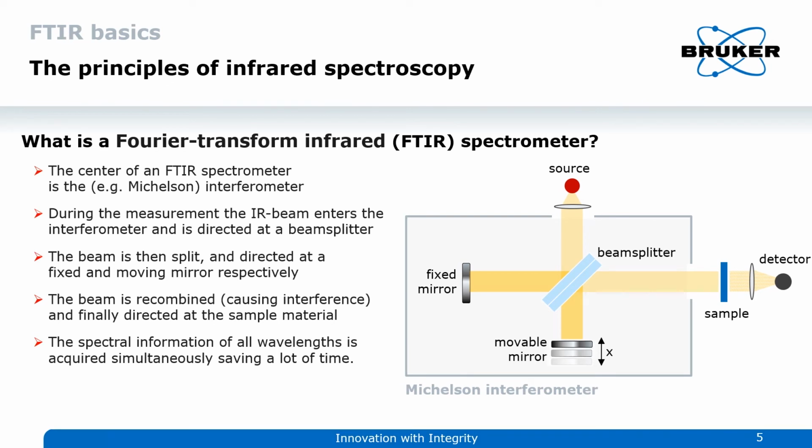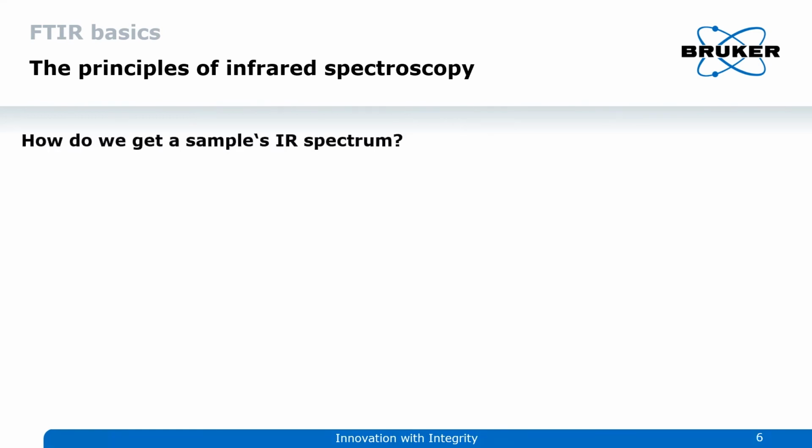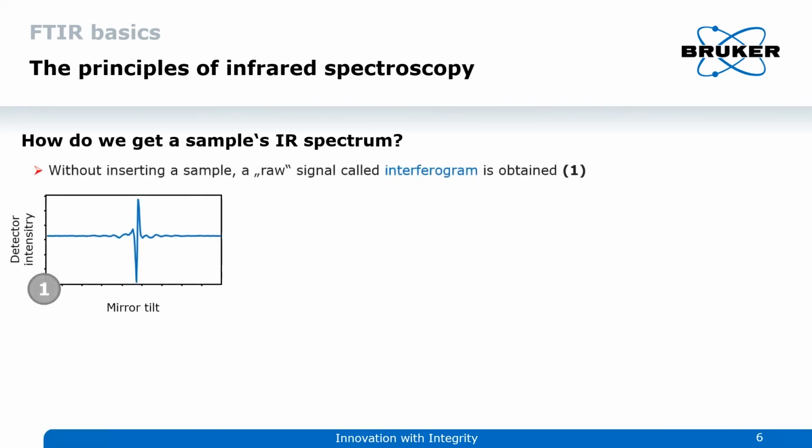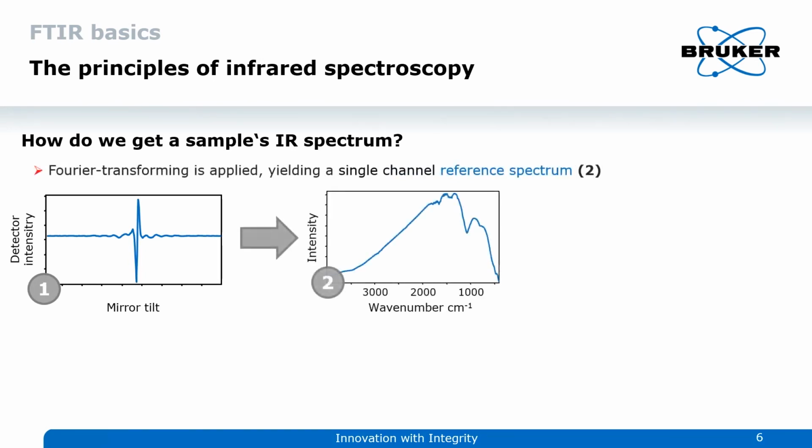But how do we get from here to the classical infrared transmission spectrum? To get nice and clean sample spectra, we have to get rid of the environmental influences that may show in our spectra, like carbon dioxide or water vapor. To do that, we first need to measure a spectrum without a sample present. This raw signal is then mathematically Fourier transformed into the classical IR plot of light intensity versus wave numbers.